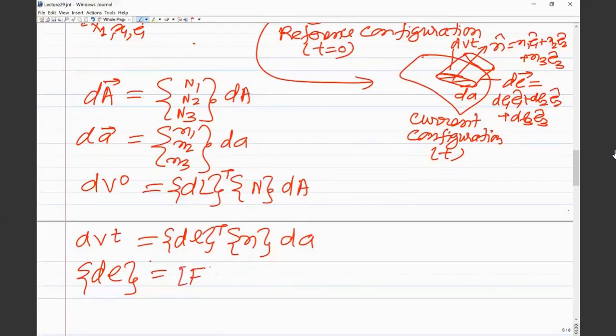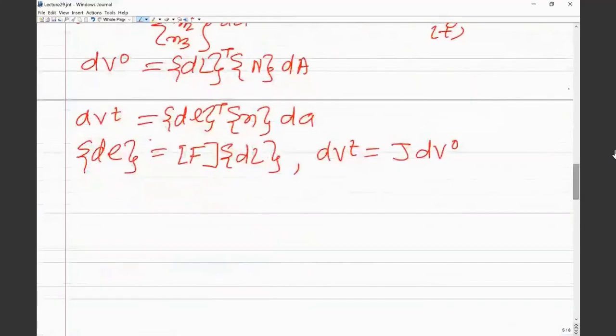So we can write small dl as the deformation gradient F into capital dL. And for the ratio between the volumes, we have already derived that dv is equal to J into dV naught, where J is the determinant of the deformation gradient matrix.